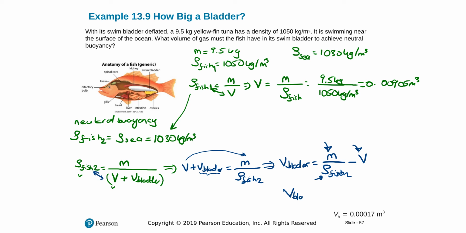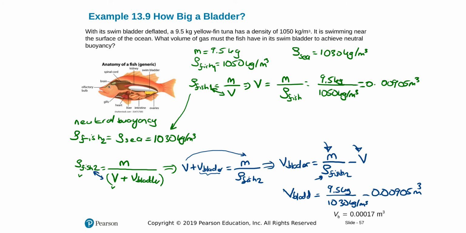And calculate that. I'll leave that to you folks. Just put in the numbers. 9.5 kilogram, 1030 is what I want, kilogram per meter cube, minus the volume initially, 0.00905 meter cube.